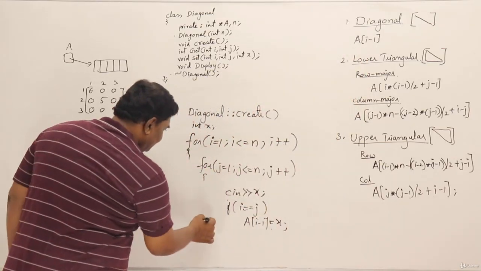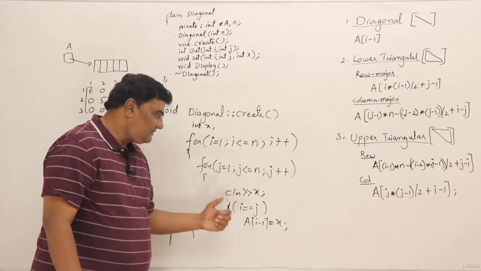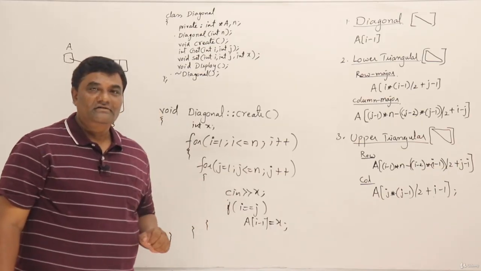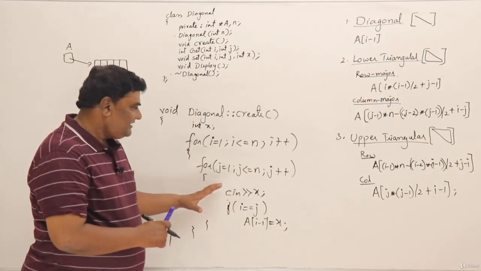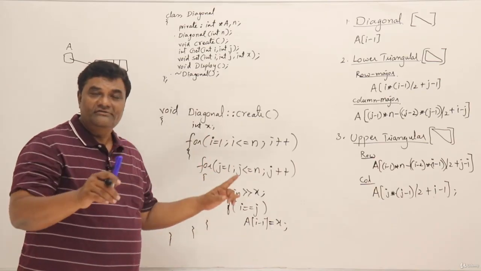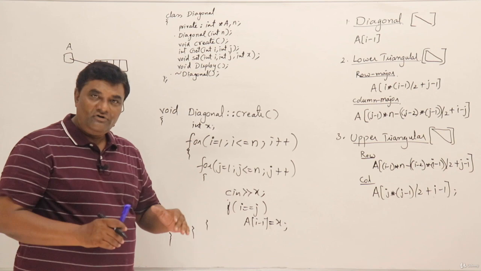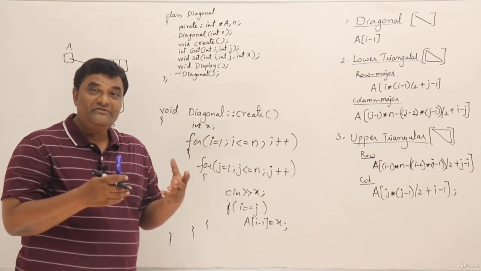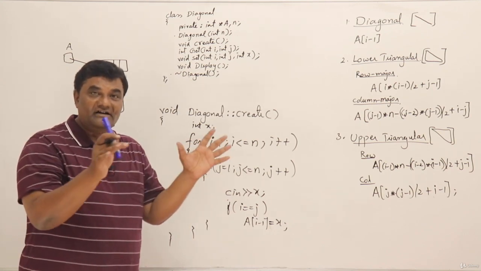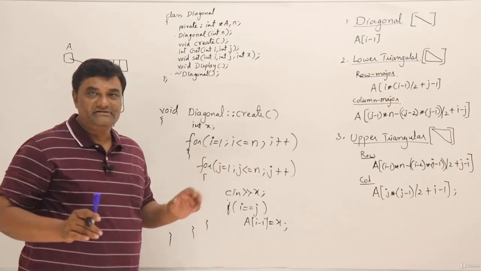Otherwise, don't assign anything. That's all. So this is how I have written. See, one thing here. I am trying to take all the elements of a diagonal matrix, zeros as well as non-zeros. So I want the user of my program to feel as if he is entering the entire matrix, complete matrix, all the elements.